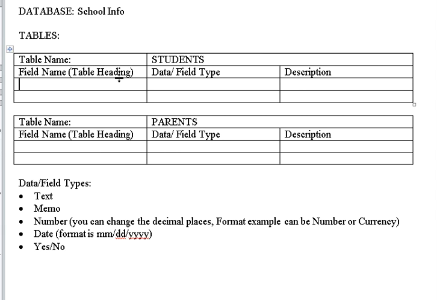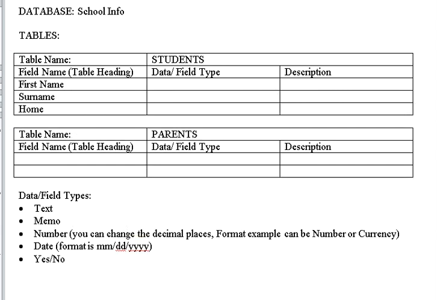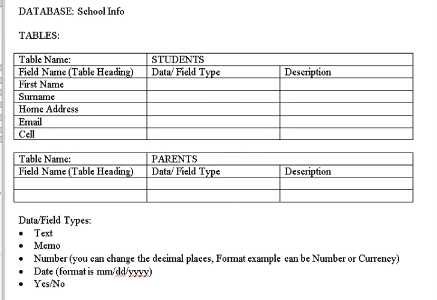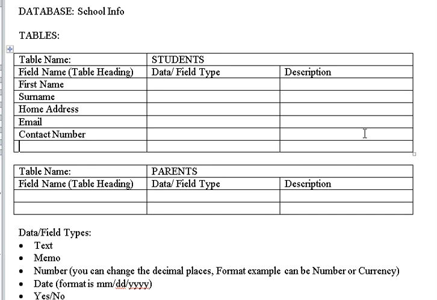So we did say first name, surname, home address, email, maybe a cell number, or yeah, cell number should be good, or contact number. Right? Oh, form. We need to know what class they are in. All right, good.